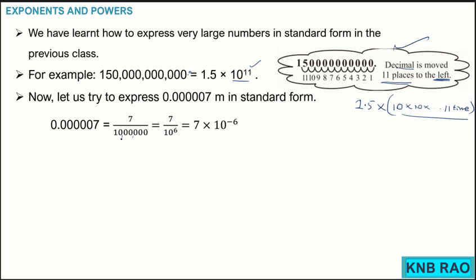One way is we can write 10 multiplied by itself 6 times, which we express in exponential form.